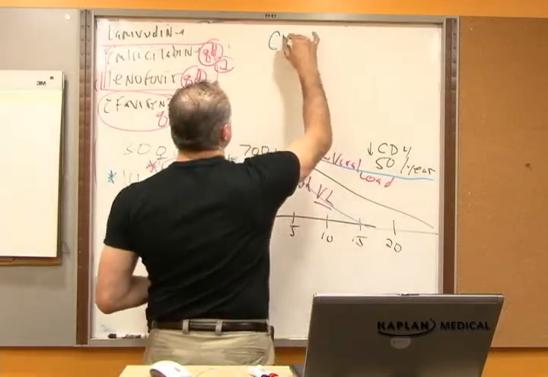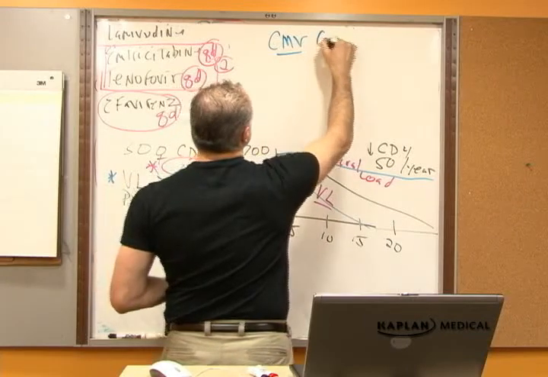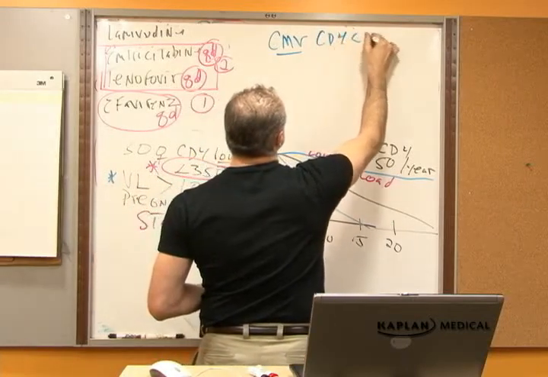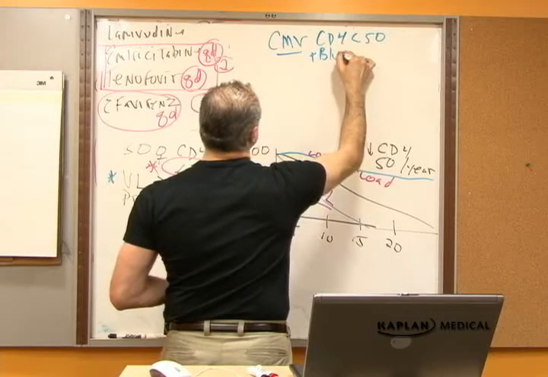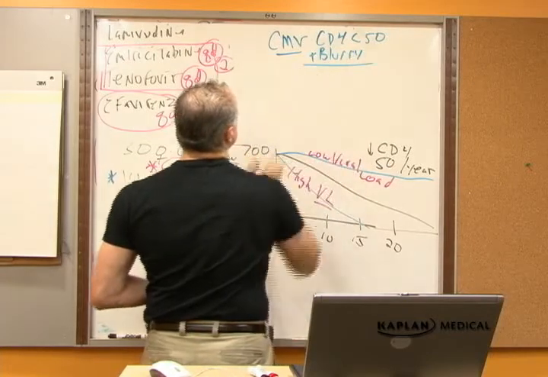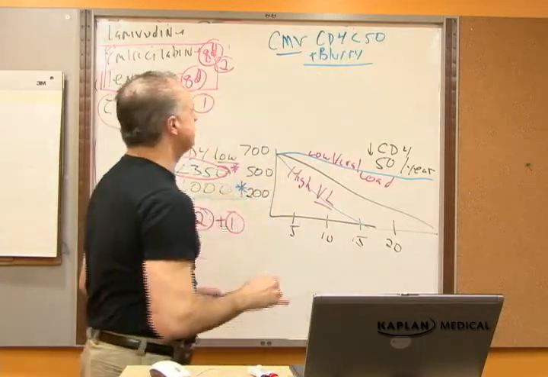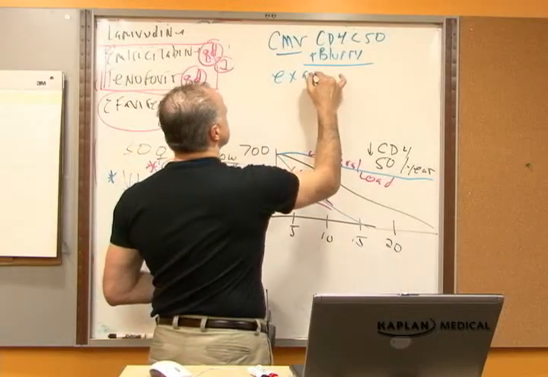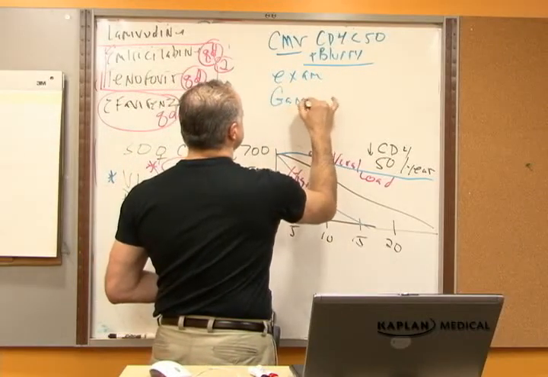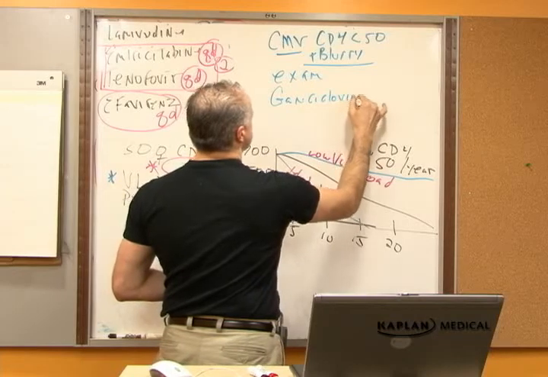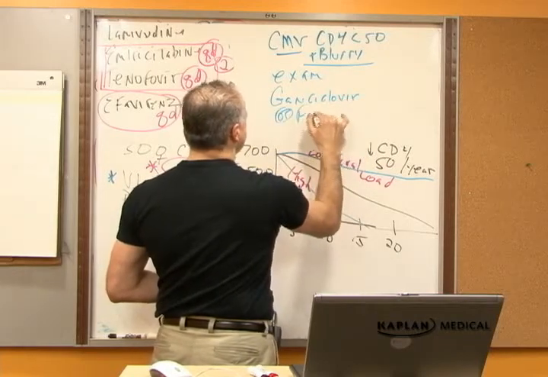CMV retinitis is going to be less than 50 T cells and blurry vision. You're going to do a dilated ophthalmologic exam and give either ganciclovir or foscarnet.